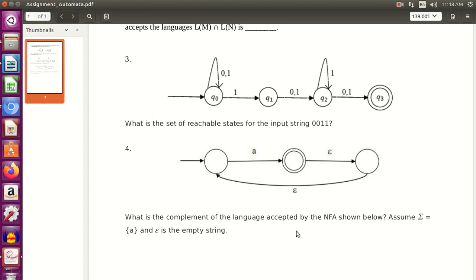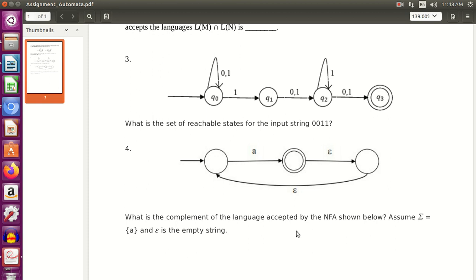So, one thing, students, I might have told you that for getting the complement of a DFA, what we do is we make the final states non-final and the non-final states final. But that is true for DFA and not true for NFA. We cannot get the complement of an NFA by interchanging the final and non-final states.